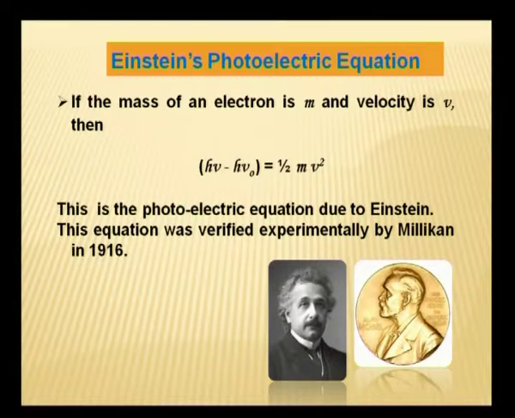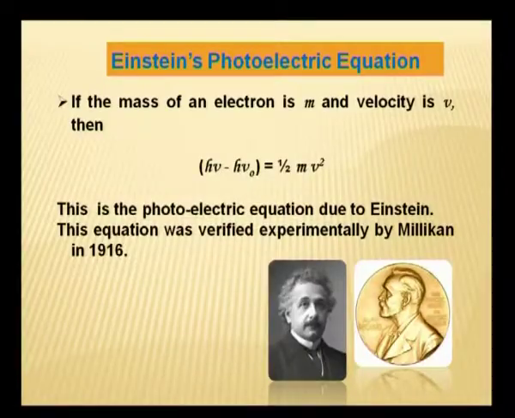So 8 minus 2 will be 6. Out of total energy 8, 2 is spent to remove the electron. Obviously, the electron will take the remaining energy, so it comes out with the kinetic energy, namely 6 electron volt. Therefore, what Einstein wrote is 8 minus 2 is equal to 6.